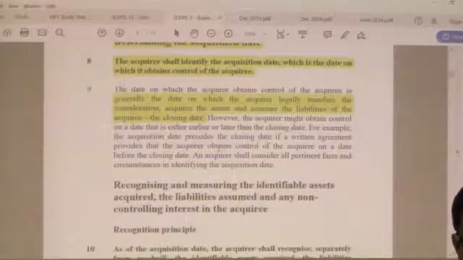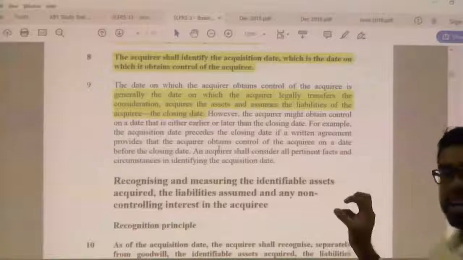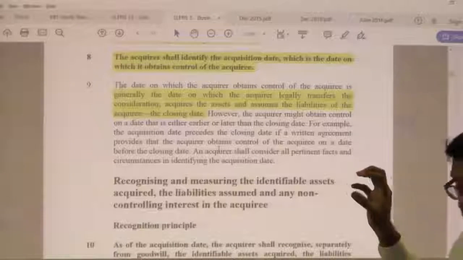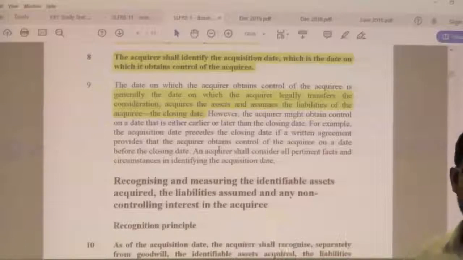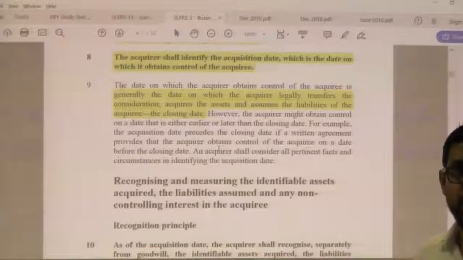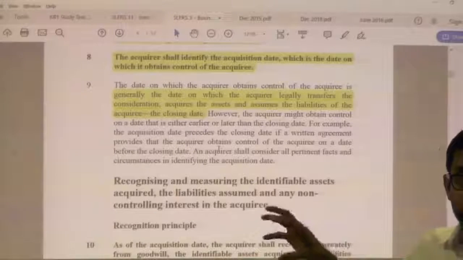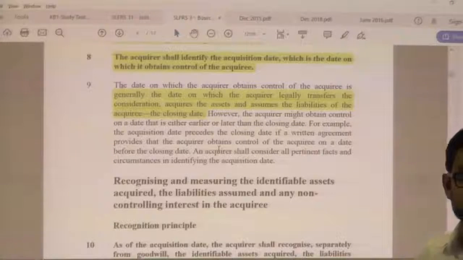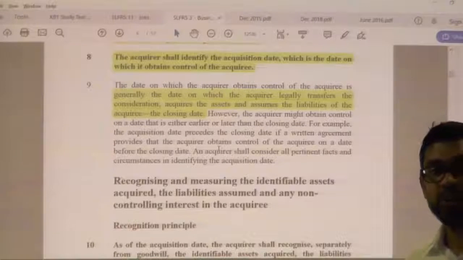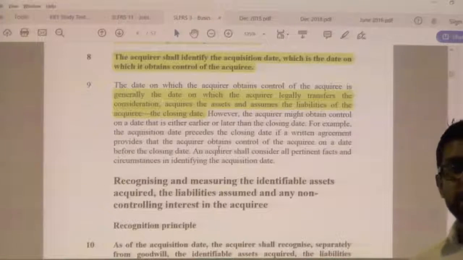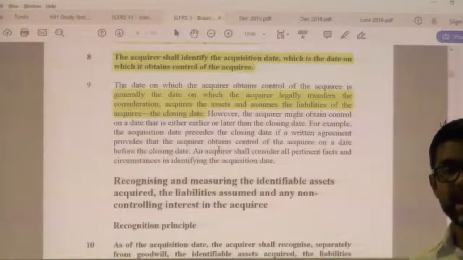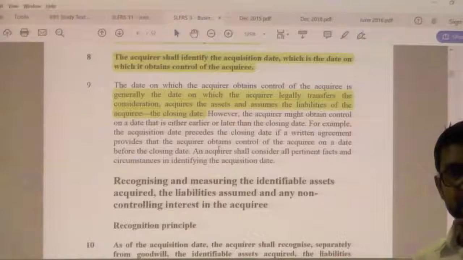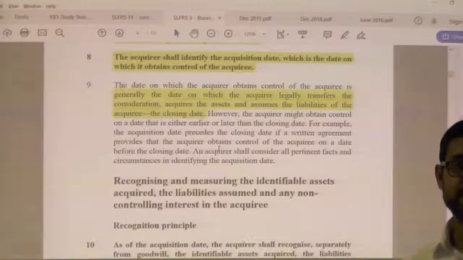Why is this important? For you to calculate non-controlling interest, which is minority interest, or cost of control, basically to calculate goodwill. This is very much important, the acquisition date. Why? Goodwill is the difference between purchase consideration and net assets acquired at the date of acquisition.